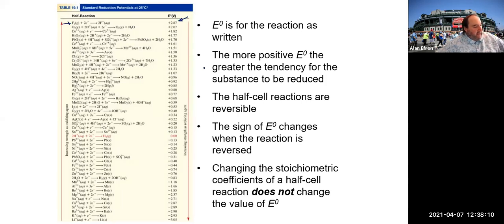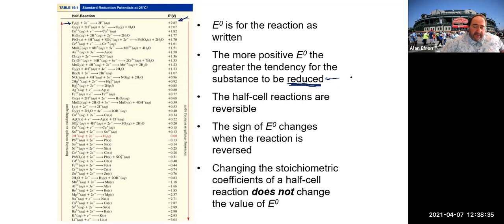If you are not given any information about how the reaction is taking place, you can use the SRP values and compare them, and it will tell you which one should be your anode and which one should be your cathode. The more positive E value that you find on the table has a greater tendency to be reduced.